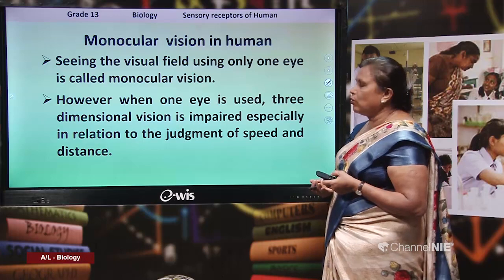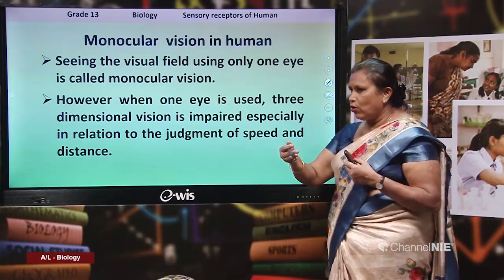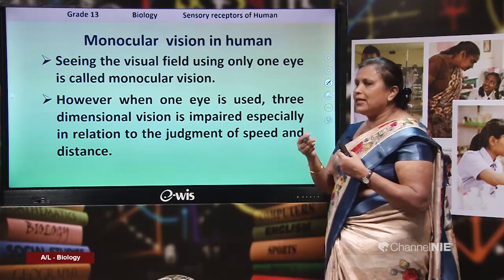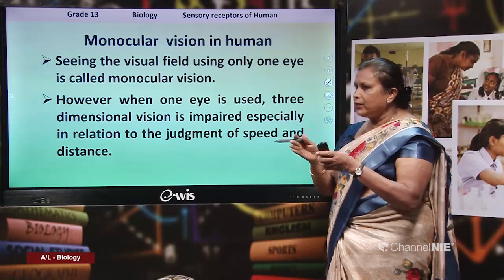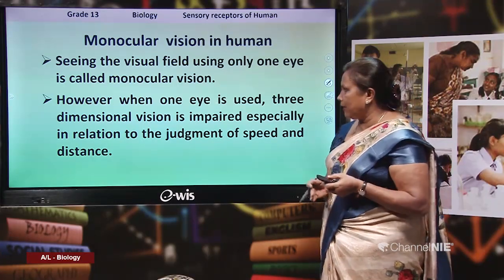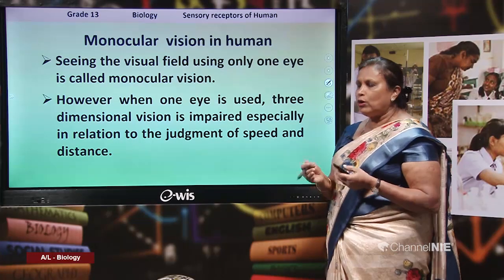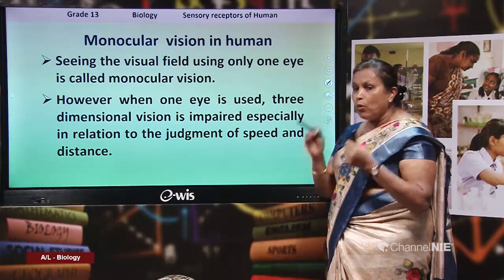Therefore, we have two eyes which are present in the front. This is important to focus on the object at the same time. So therefore, we can see the object from both eyes.